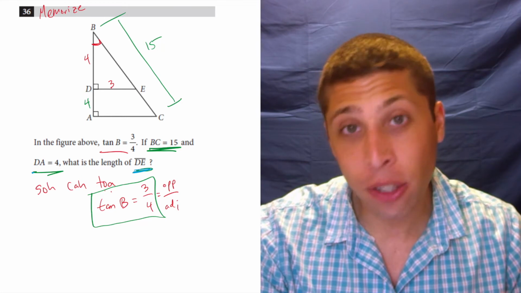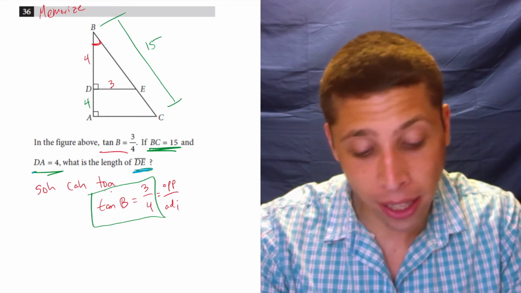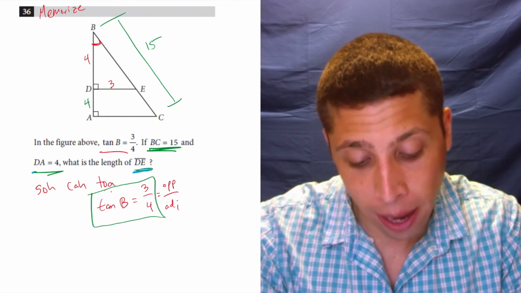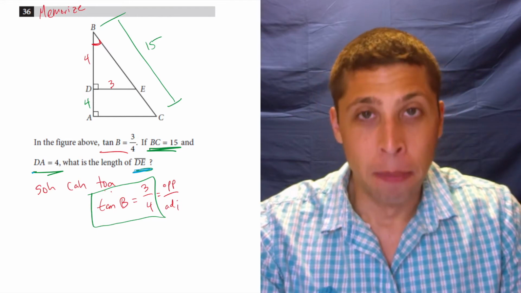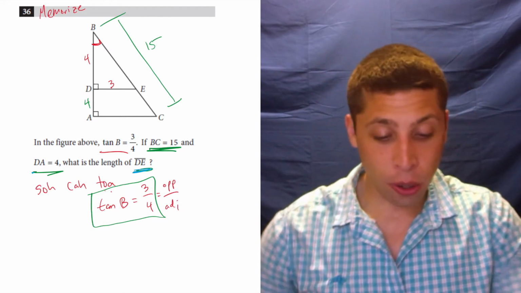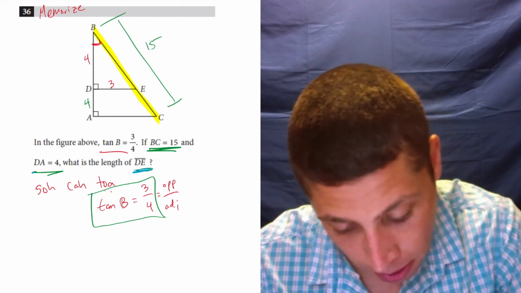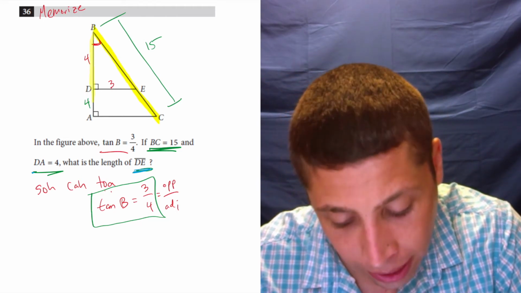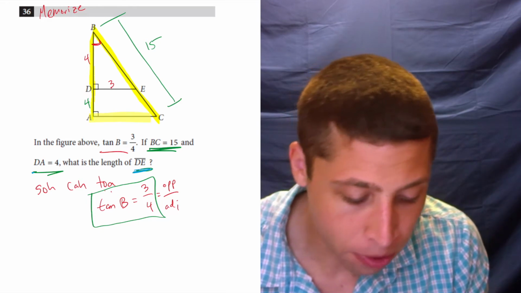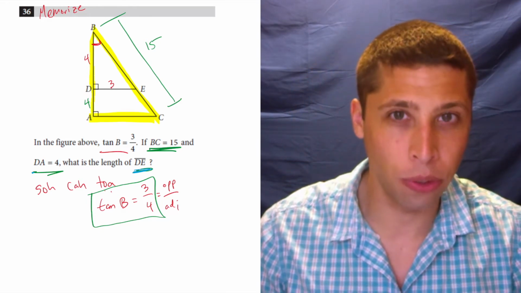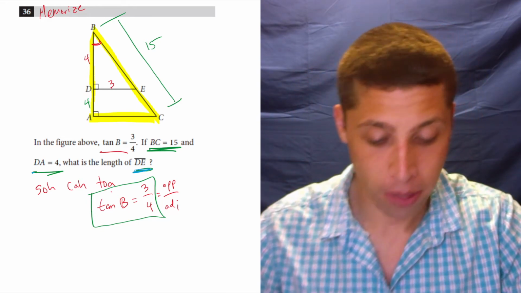And the way to do it is to recognize that B, yes, it's that angle at the top. But tangent of B could also be talking about the big triangle. So the relationship between the opposite and the adjacent also holds for this big triangle.